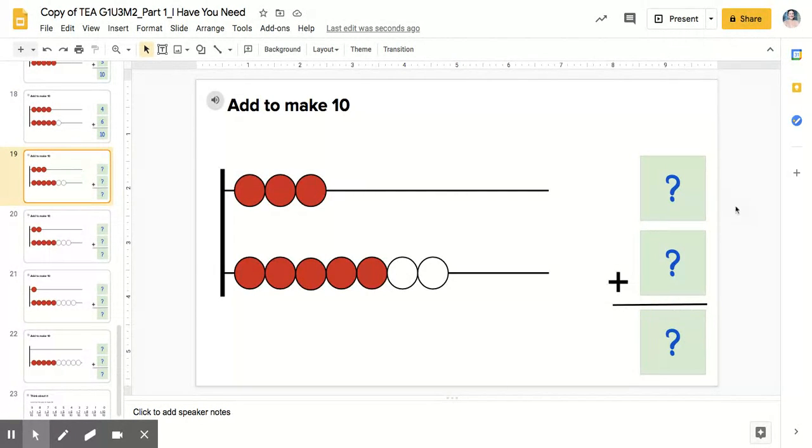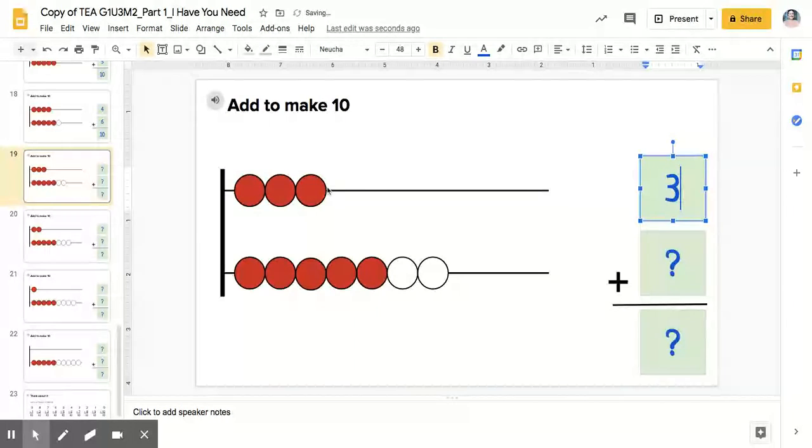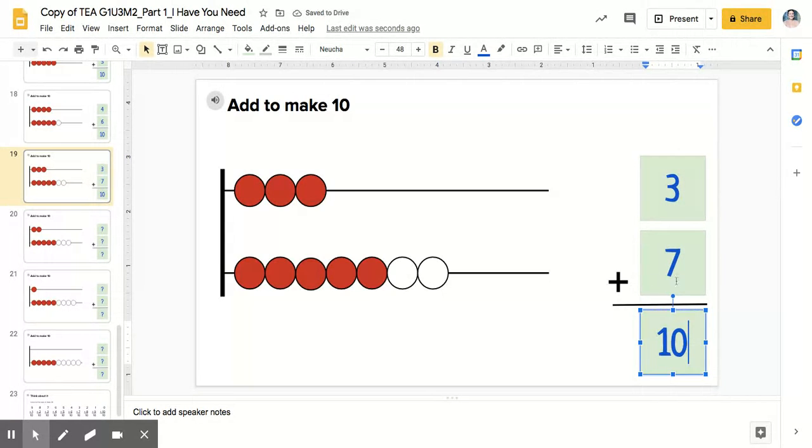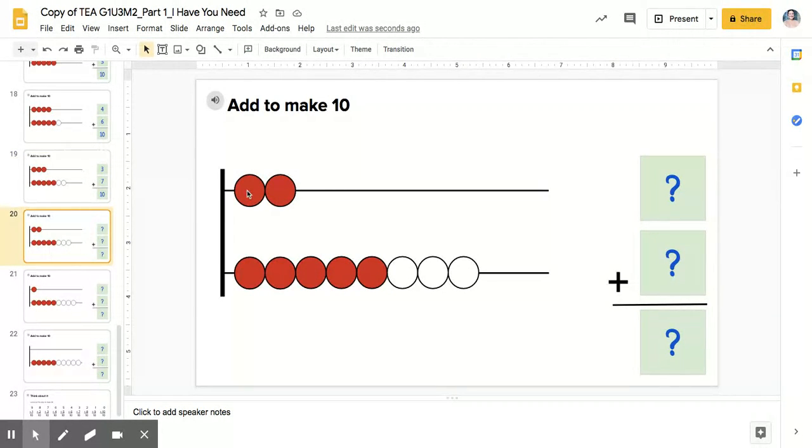1, 2, 3. 1, 2, 3, 4, 5, 6, 7. Count them all together. 1, 2, 3, 4, 5, 6, 7, 8, 9, 10. So my equation is 3 plus 7 equals 10. Count the top.